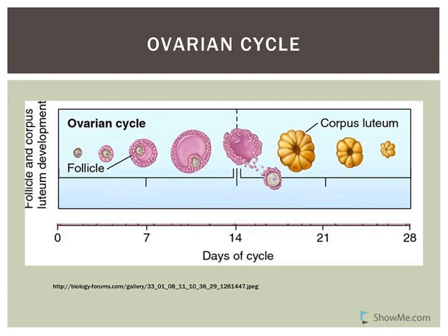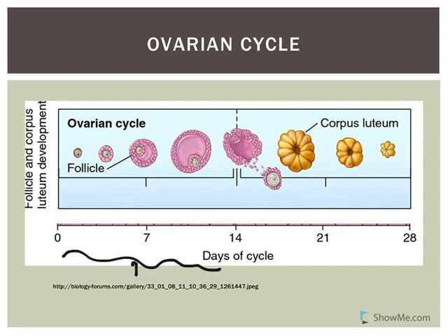Now I know there's some women with shorter cycles, some women with longer cycles, but we're going to assume typically a 28-day cycle. The differences between the lengths of some female cycles is usually during this part here. This is what varies. But once an egg is ovulated, if it's not fertilized, you will have your period within 14 days, give or take a day or so. So it's usually this part that varies.